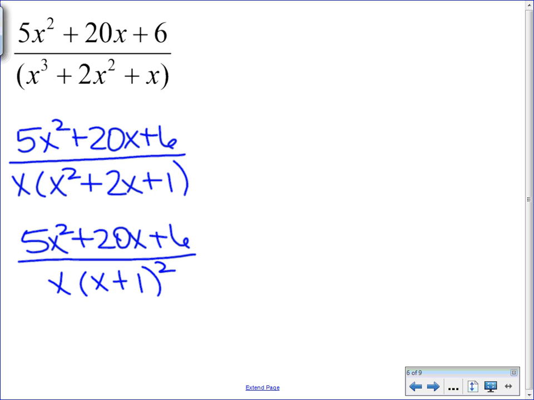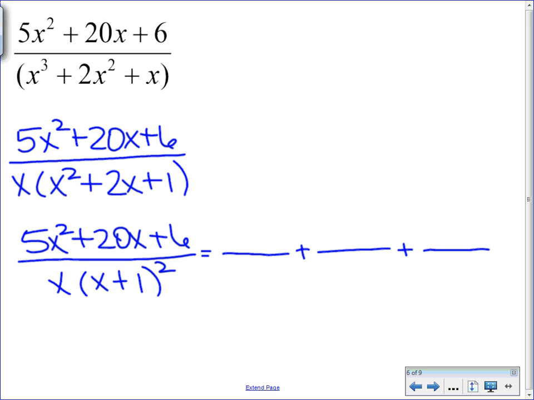Okay? This is not a quadratic factor. It is a repeated linear factor. We have the same linear factor happening twice. So technically, how many factors do we have in this denominator? We have 3. So we're going to break this apart into 3 fractions.